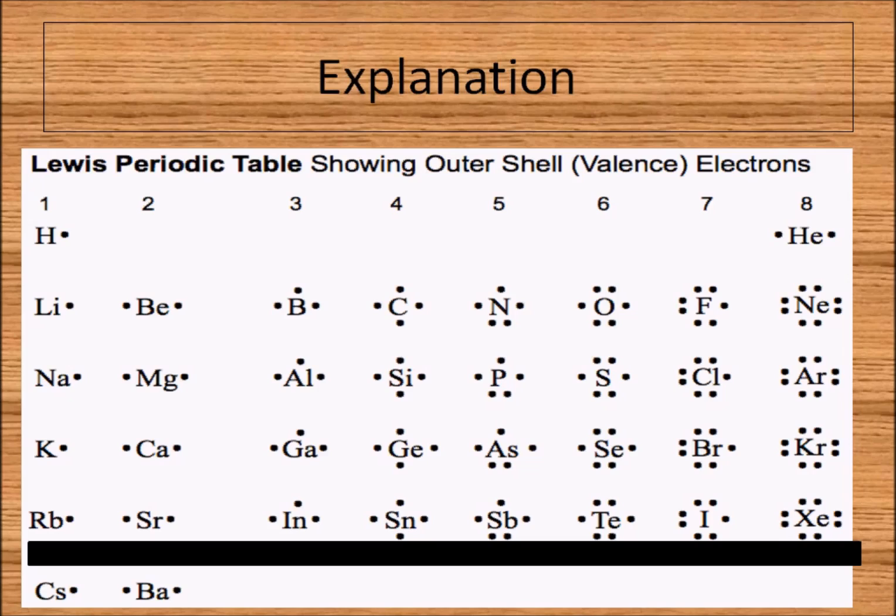In the first group, you can see that each has only one valence electron. That proves that these elements have the same chemical properties. And if you compare with the second group, which has two valence electrons, they will have different chemical properties altogether.